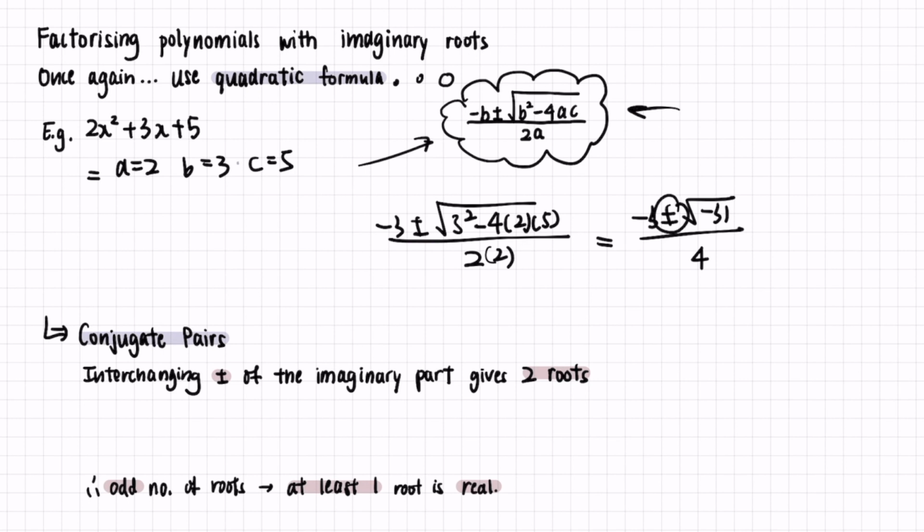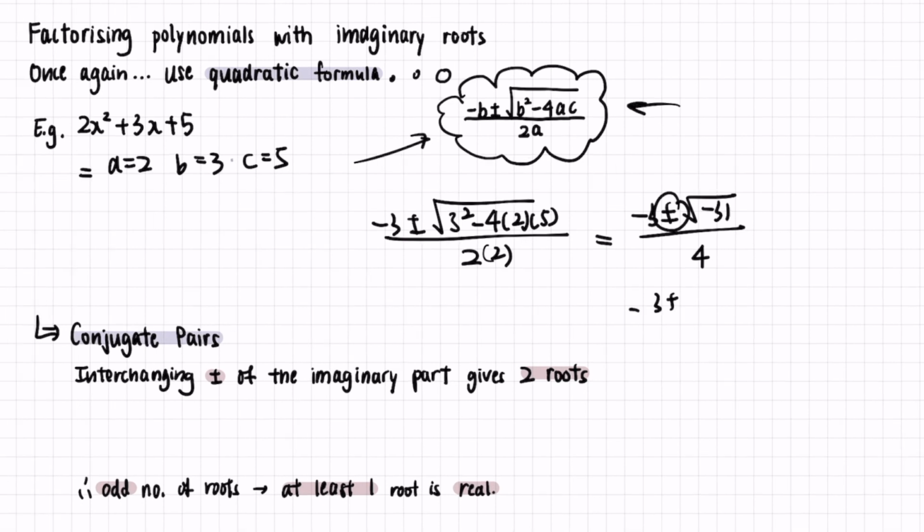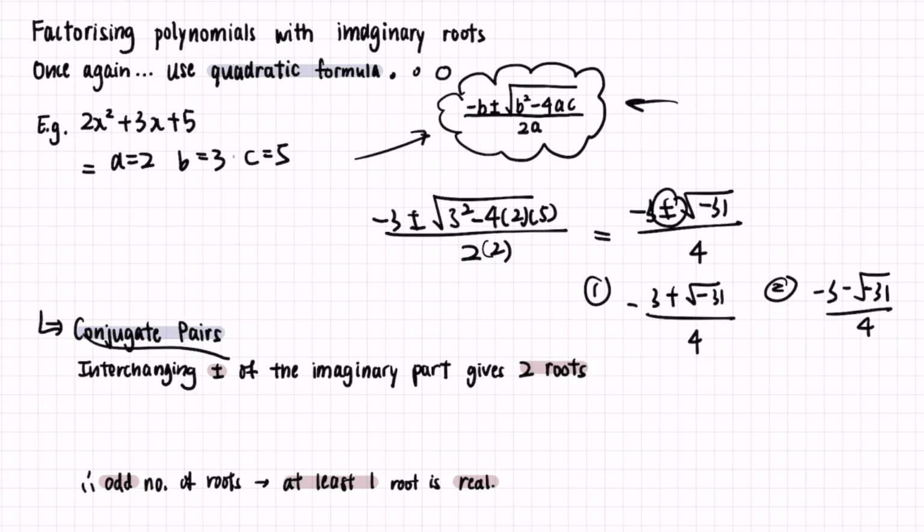So you can see there's a plus minus sign, which means that the first imaginary root can be negative 3 plus root negative 31 divided by 4. And if you alternate this sign to negative, you can get the second root, which is negative 3 minus root negative 31 divided by 4. These are 2 roots, and this leads to conjugate pairs, where interchanging the sign of the imaginary part of the root gives you another root.